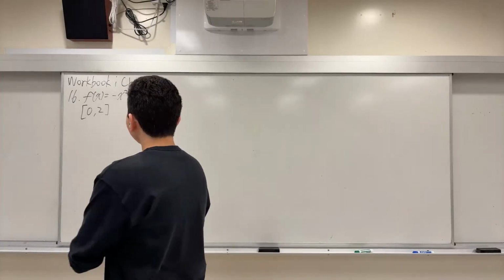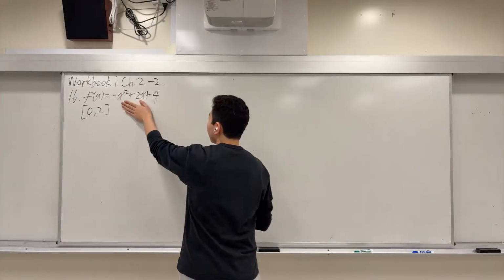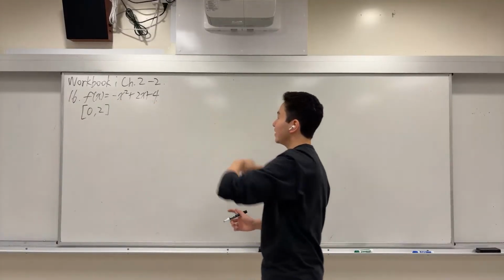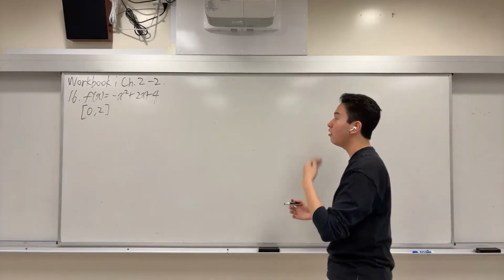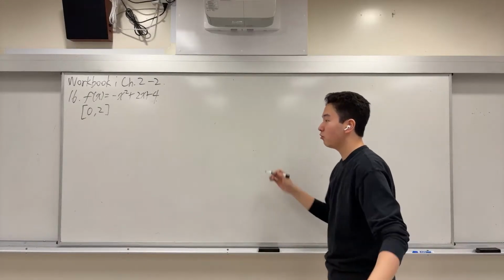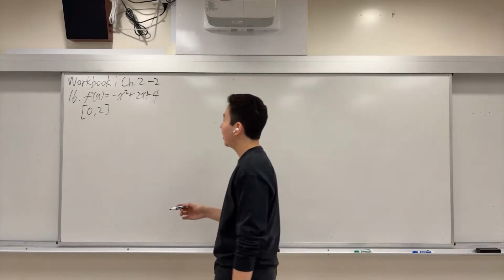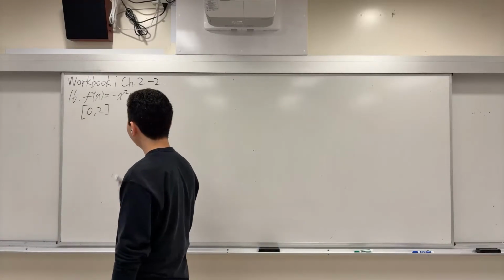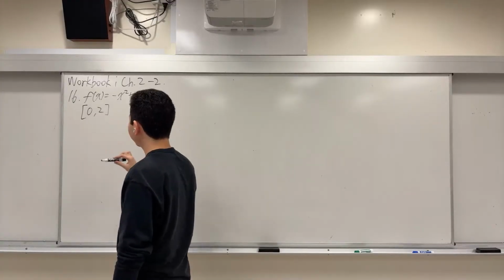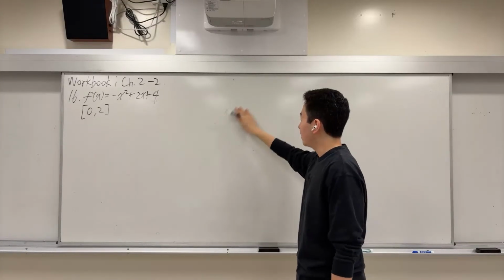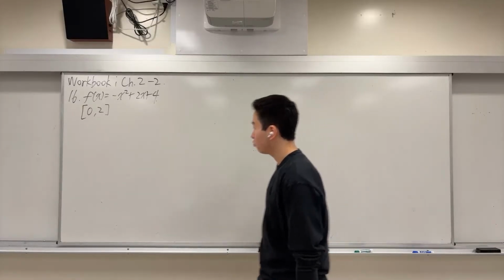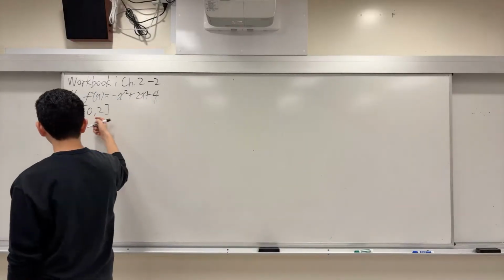So we first have to check the conditions. Is this continuous and differentiable? Yes, all polynomial functions, as you recall, are continuous and differentiable everywhere. So that's good. Because they're continuous and differentiable everywhere, Rolle's theorem guarantees that there will be a value of c in this interval.